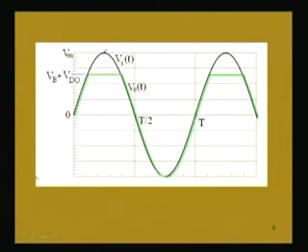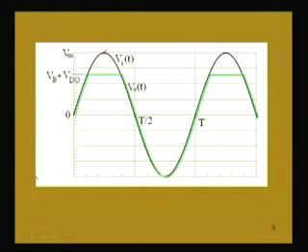Then from this point downwards, again Vi becomes less than Vb plus Vd naught. So, we have the diode not conducting. So, output voltage and input voltage are exactly equal, and this will be continued like this.